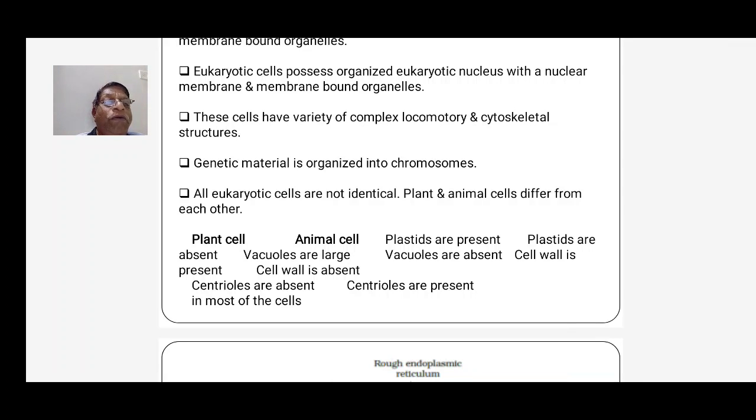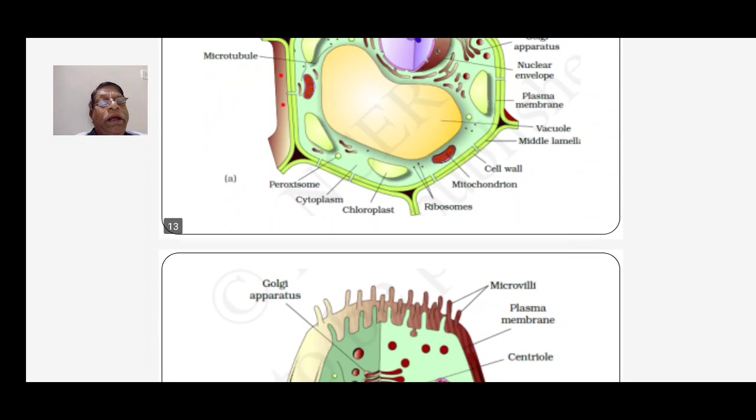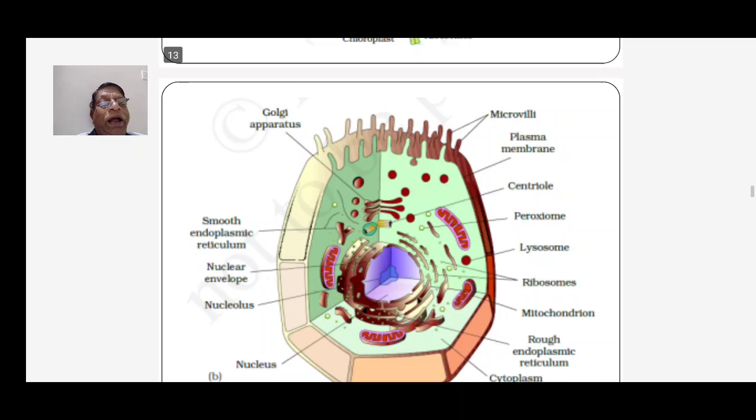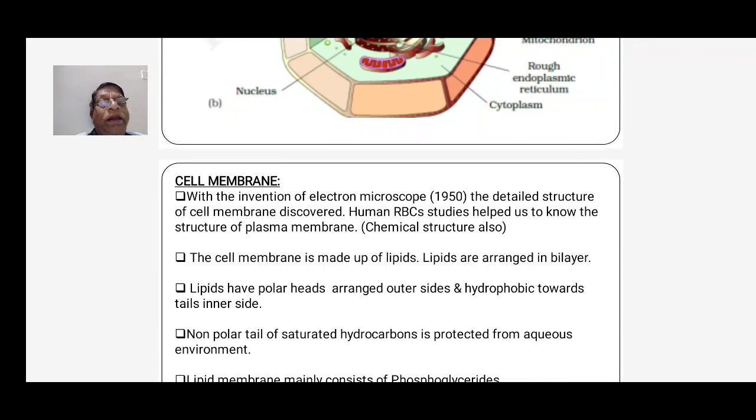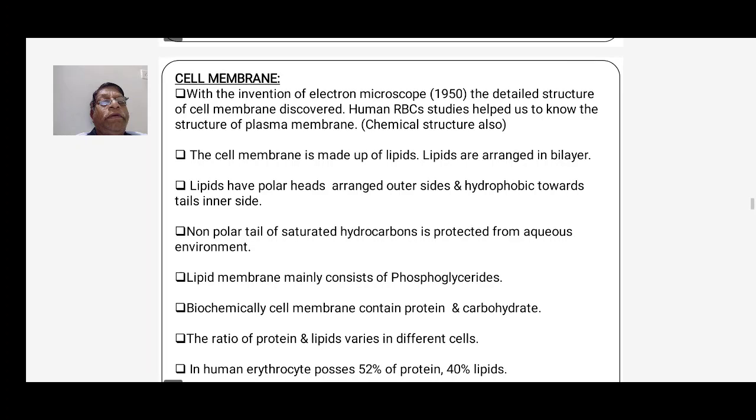Just now we have seen the differences. Okay, that's all about the plant cell and animal cell. Our next topic is the cell membrane.